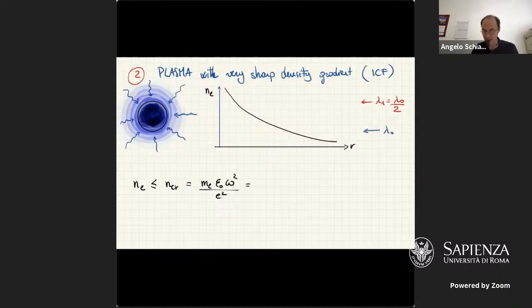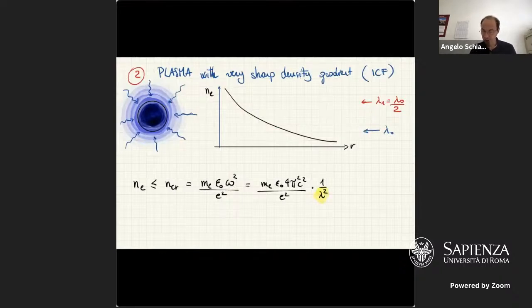And we can express, as before, omega as a function of lambda. So it turns out that we can express it as mass of the electron epsilon naught 4 pi squared c squared divided by e squared. So there's a lot of physical constants in this number. And then what remains, what is the relevant part for us, is the dependence on the wavelength of the laser.